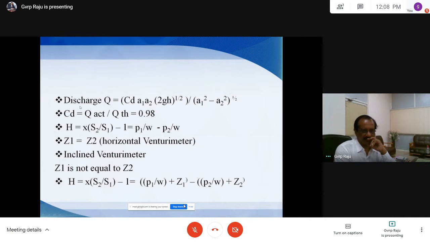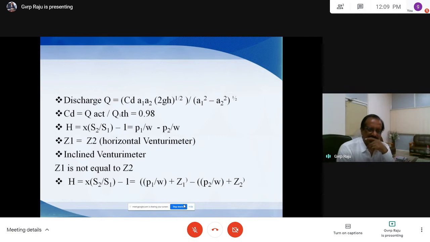And now the coefficient of discharge. The coefficient of discharge is actual discharge by theoretical discharge. Actual discharge is the quantity of water which is actually collected at the end.